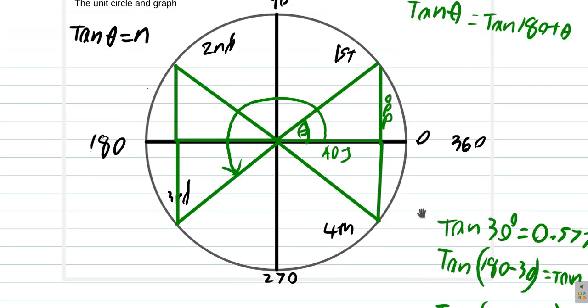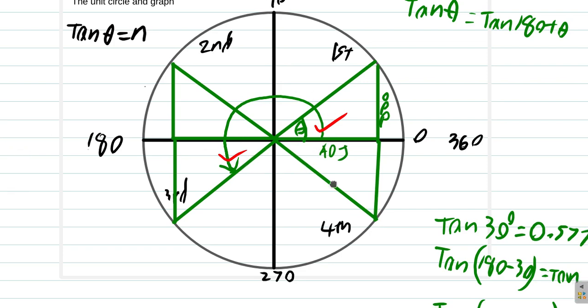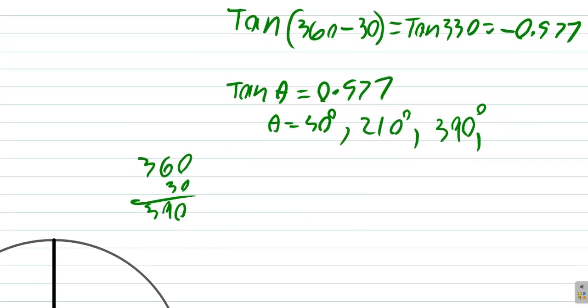What's the next angle that it would happen? Well, if you start here and go all the way around to 360, then you go 180 more, that's 360 plus 180, then you go 30. Remember, the angles where you get the same value are in the first and the third quadrant. So the next angle is 360 plus 180 plus 30.